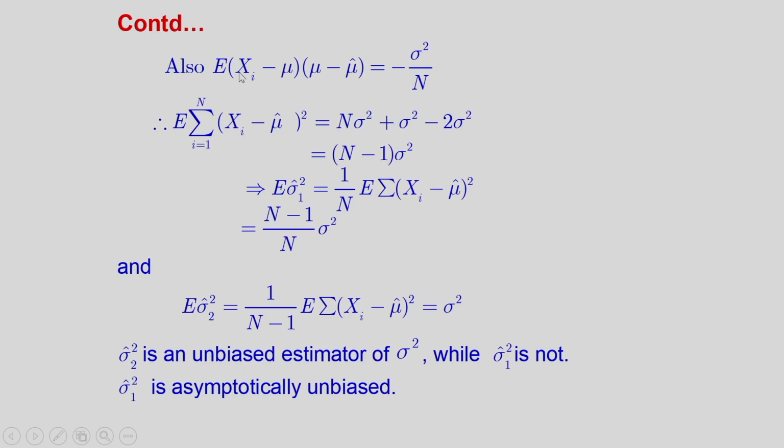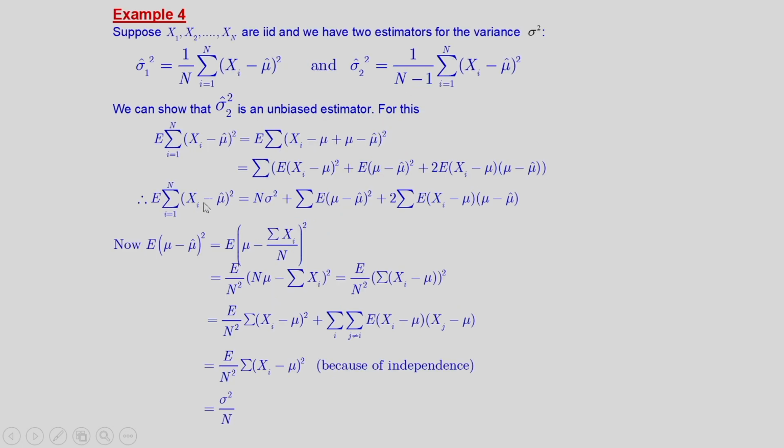And similarly we can show that E of (xi minus mu) into (mu minus mu hat). Now mu hat involves all the random variables, but only in the case where it is xi will this expectation become non-zero, otherwise it will become 0. So this expression will become minus sigma square by n. Therefore we have to determine E of summation xi minus mu hat whole square, i going from 1 to n.